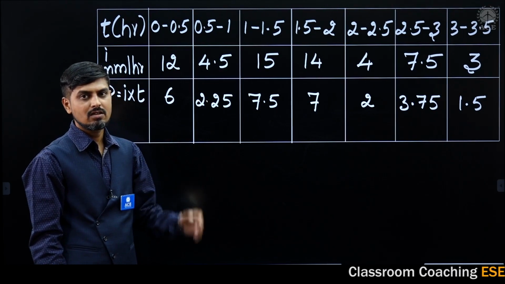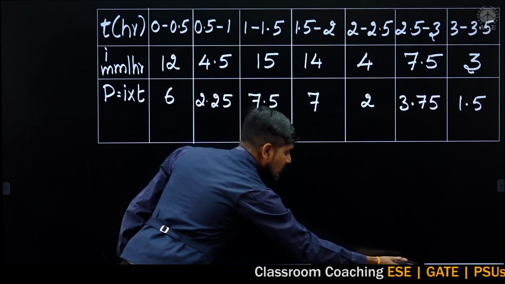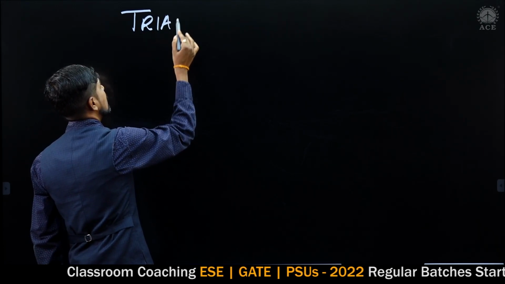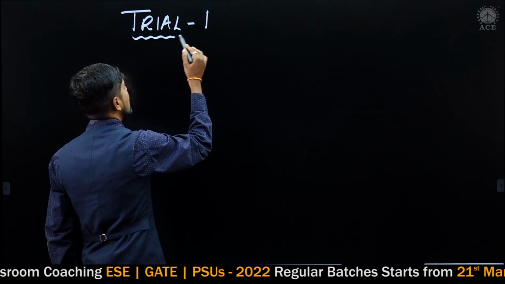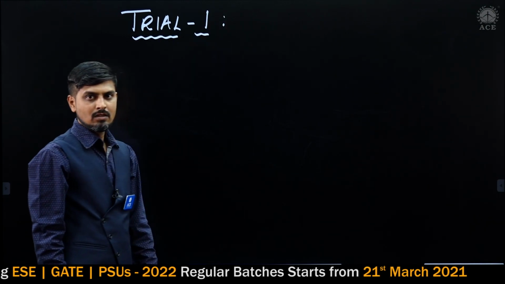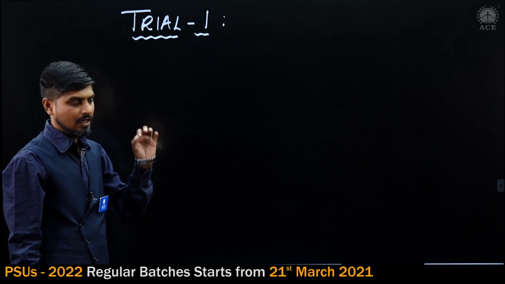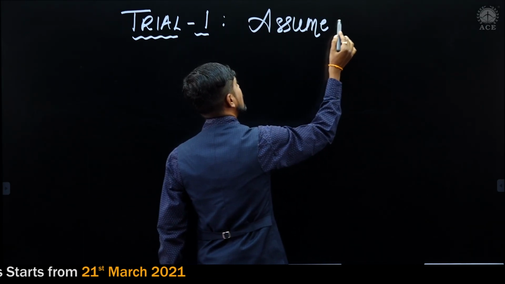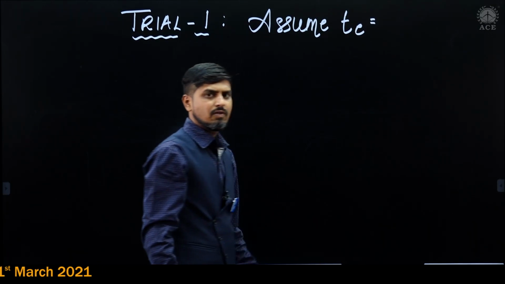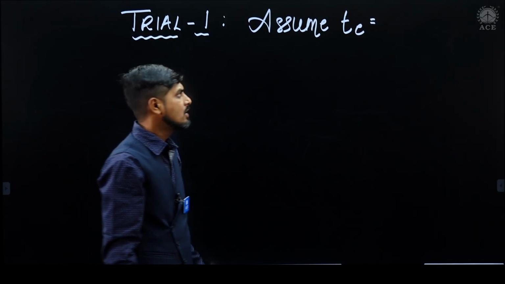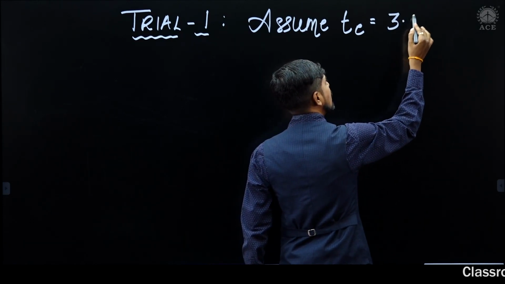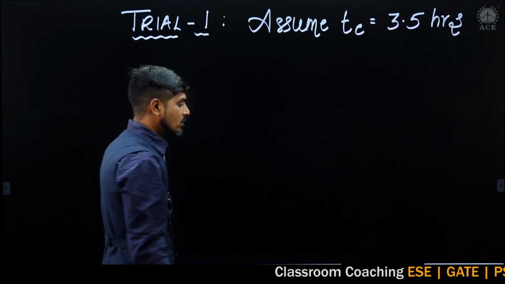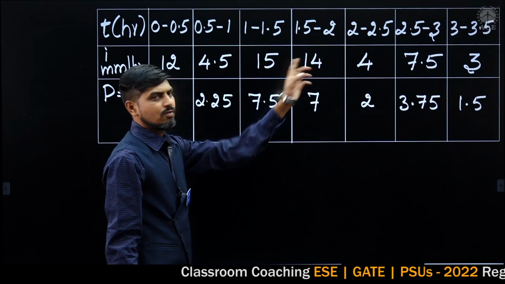Now let us start with the trials here. Trial 1. In trial 1 you have to assume the TE value. The first assumption should always be the total time. So TE is equal to 3.5 hours.